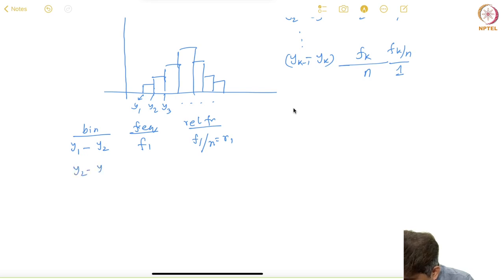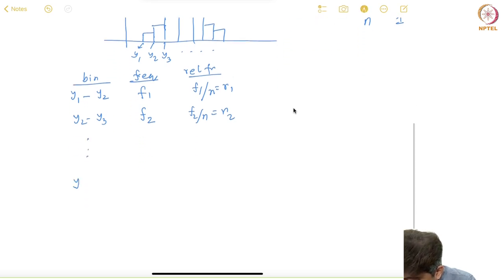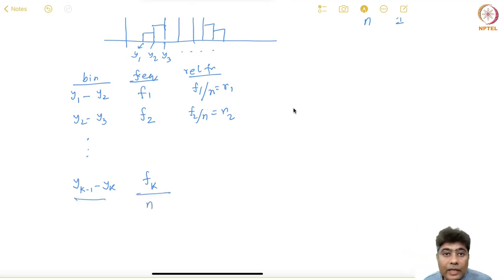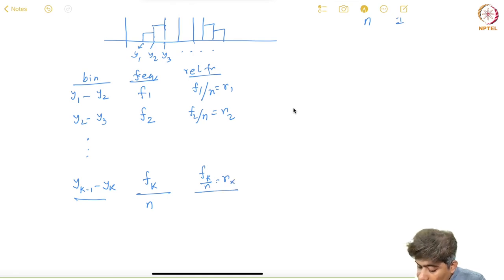Then y2 to y3 has f2, and its relative frequency is r2, which is f2 by n. Then yk minus 1 to yk has fk samples. Total n samples are there in the data set, and we have fk by n, which is rk. If I sum all the relative frequencies, it gives me 1.